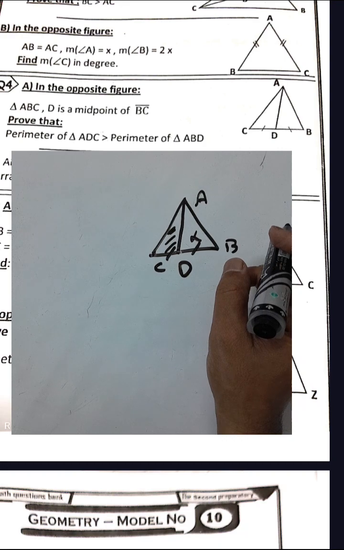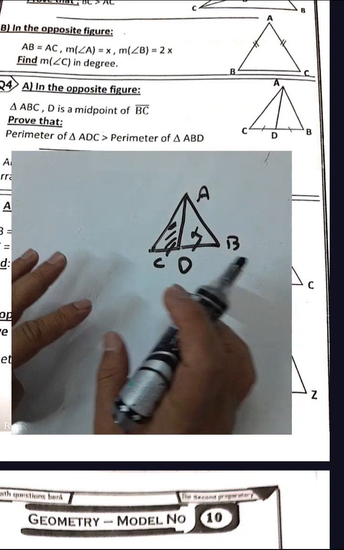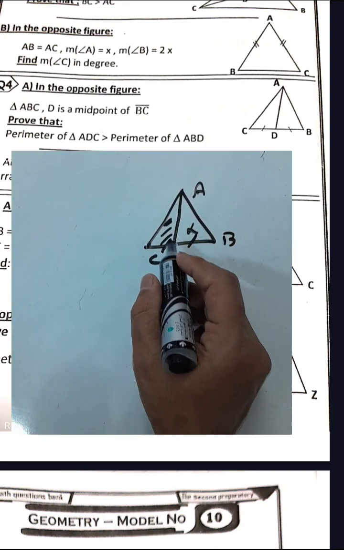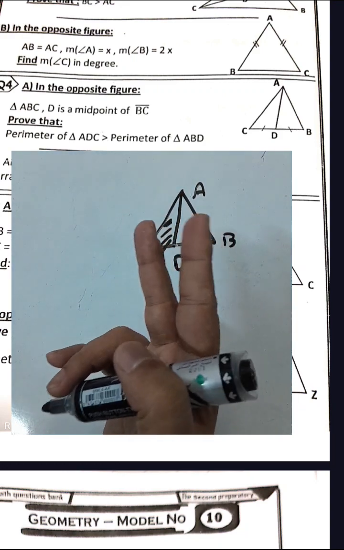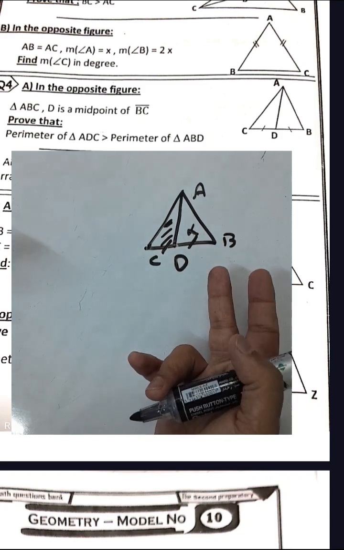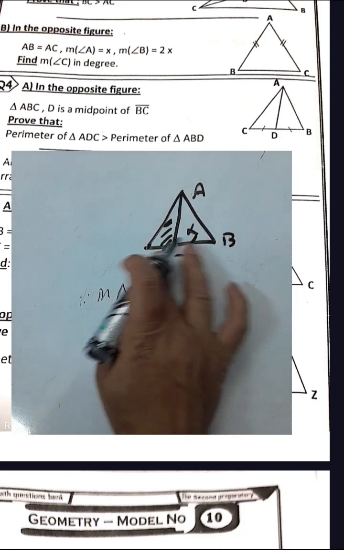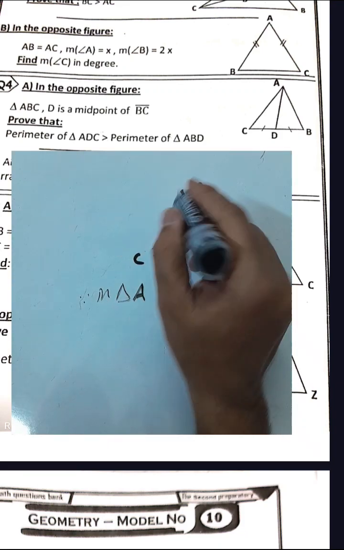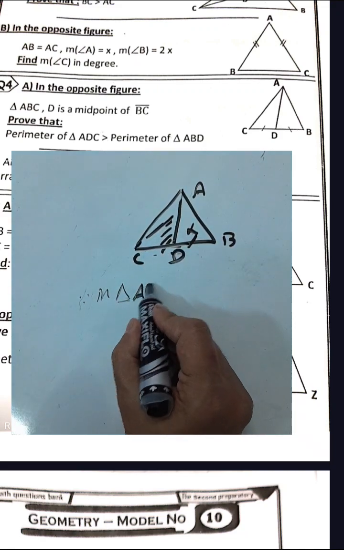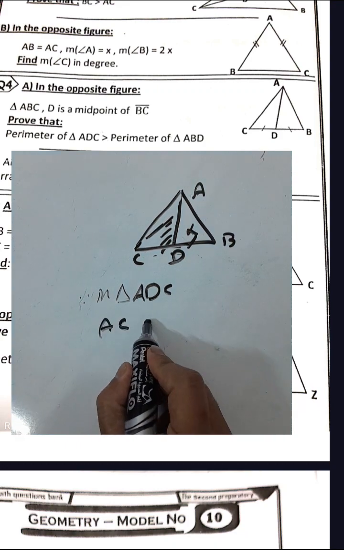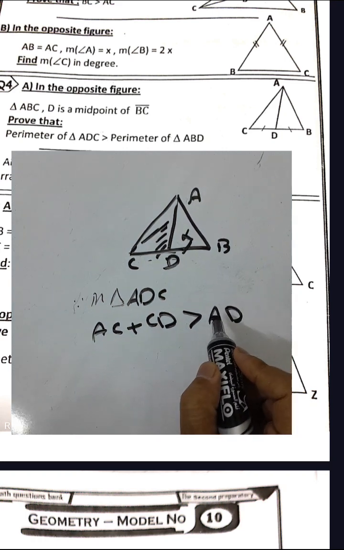How can we solve this? He gives us this point in the middle. Okay, first step to get this perimeter, we can use the properties of any triangle. The triangle inequality tells me if you add any two sides in a triangle, the sum of them will be greater than the third, such that in triangle ADC, in this triangle ADC, we have AC plus CD greater than AD.